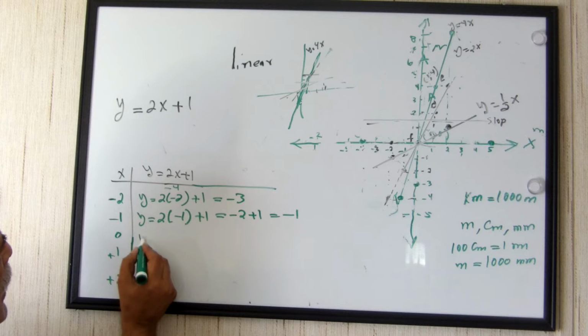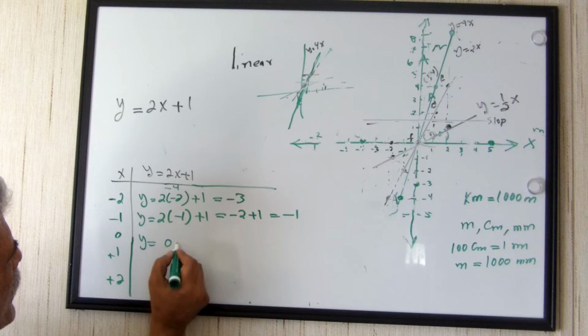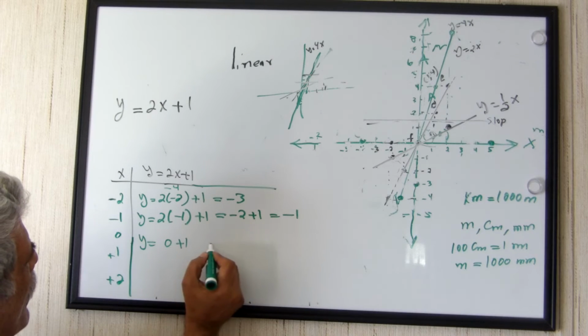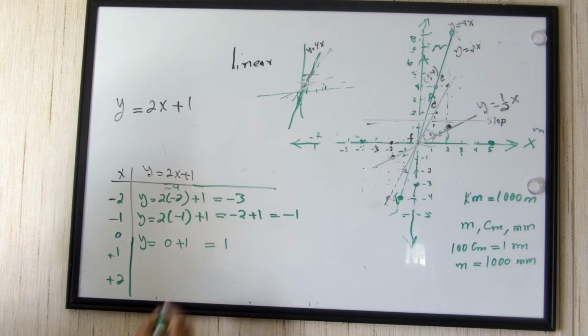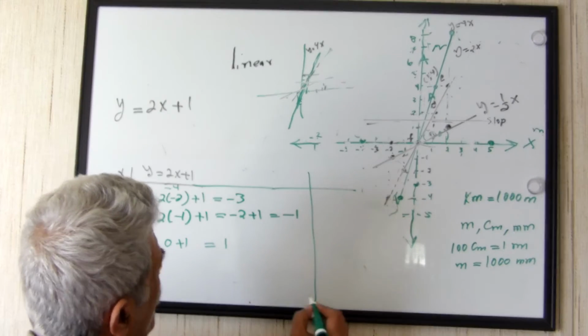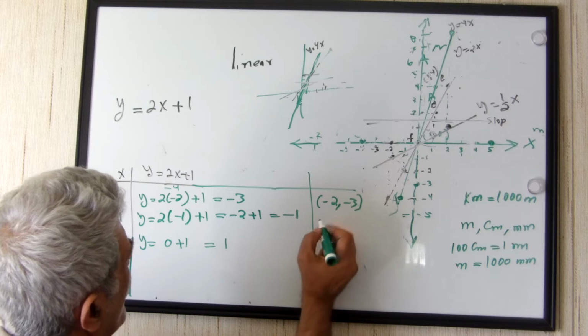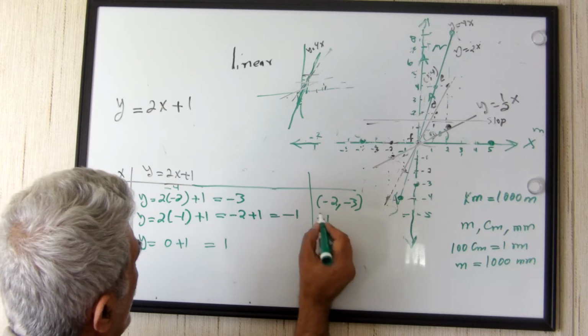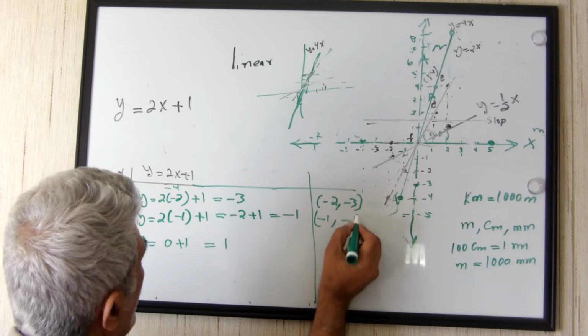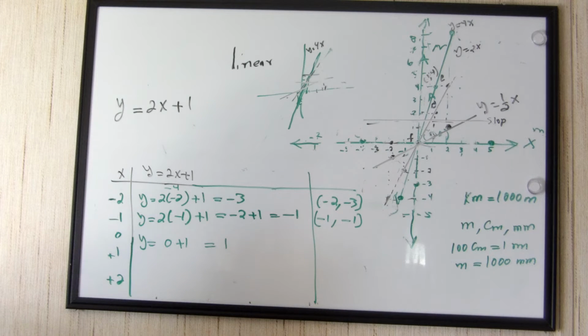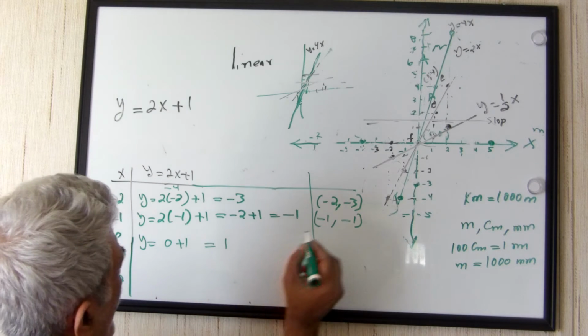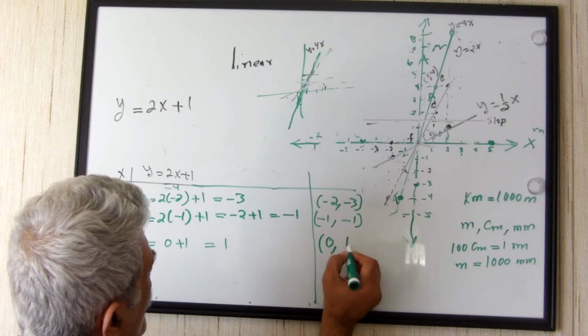If x is 0, y is equal to 2 times 0, which is 0, plus 1, so y is equal to 1. We find the points: if we have minus 2, we have minus 3 for y. If we have minus 1, we have minus 1 here. Then if we have 0, y is going to be 1.